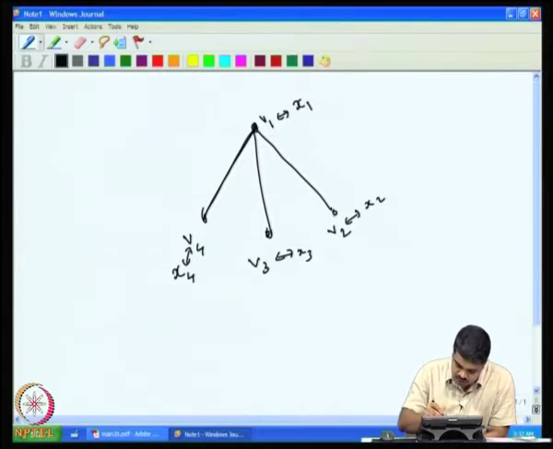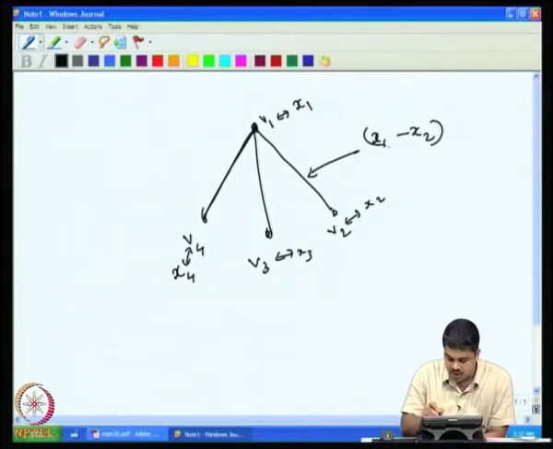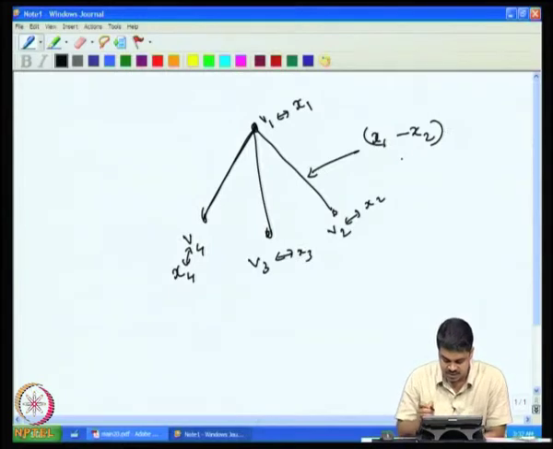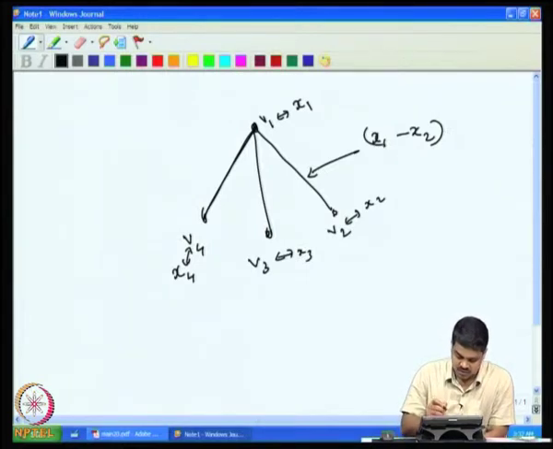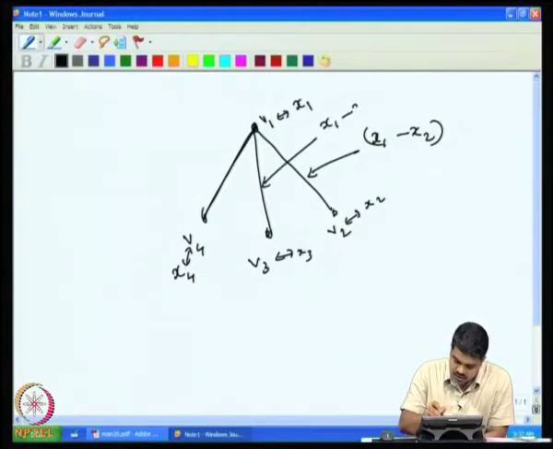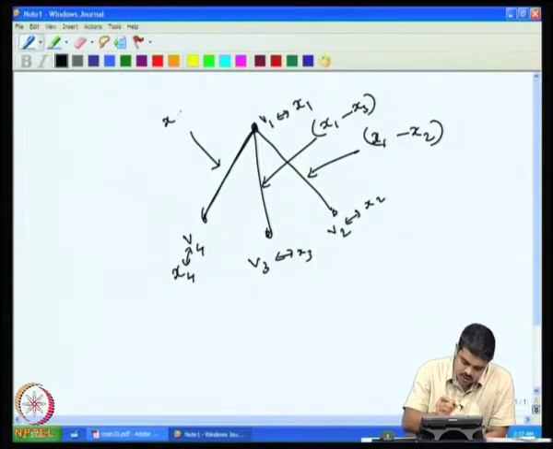For this edge we will have the term x1 minus x2, not x2 minus x1, because we are taking the smaller index first and the higher index next, i less than j. This edge will correspond to the term x1 minus x3, and this to x1 minus x4.